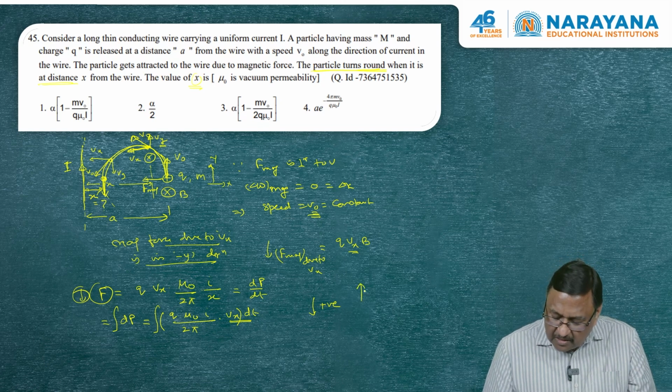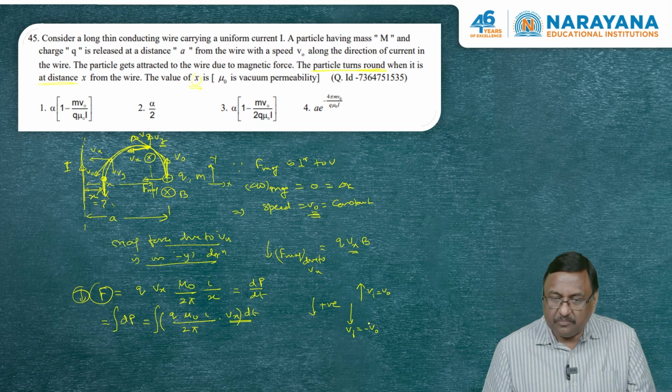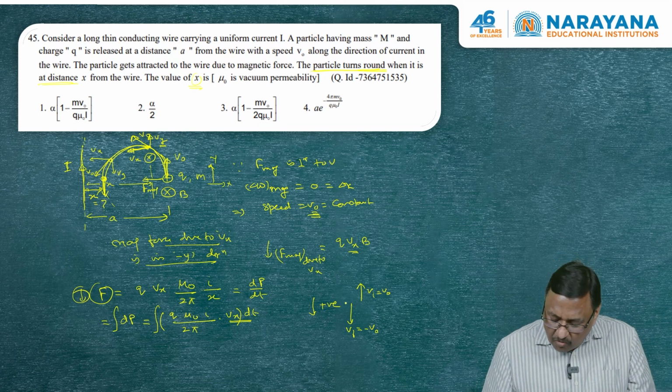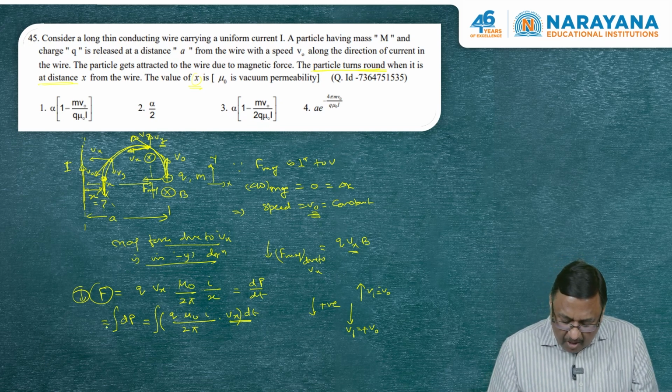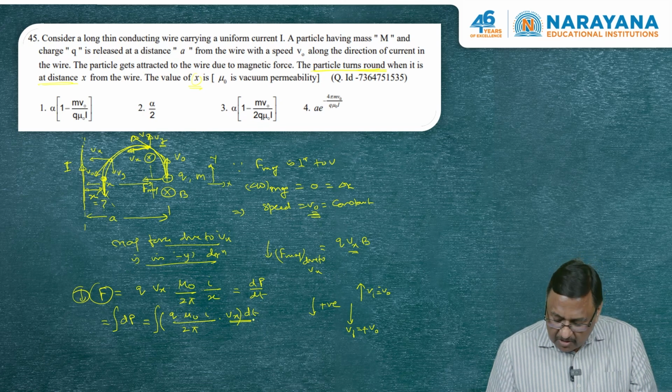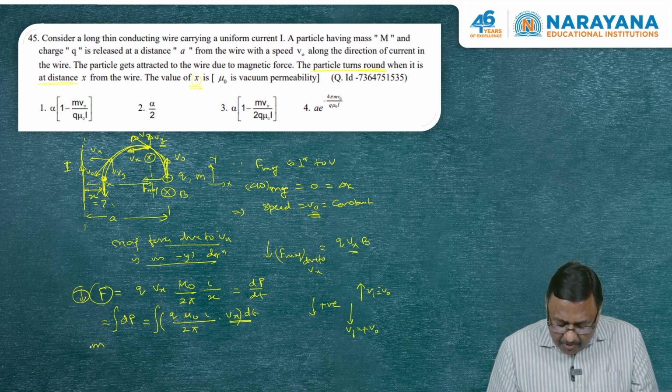Initial velocity is in the upward direction. This is my V initial. Finally, once the body has come down, V final is again going downward. Since I am considering downward positive, this is going to be my positive velocity, and this is going to be my initial velocity minus V naught. If I am writing dP, it is now m into final velocity minus initial velocity. So I put m, final velocity is V naught, initial velocity is minus V naught, so I write minus V naught.